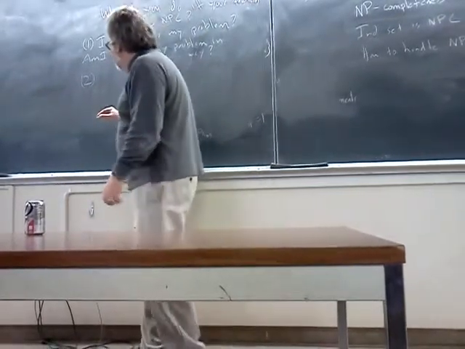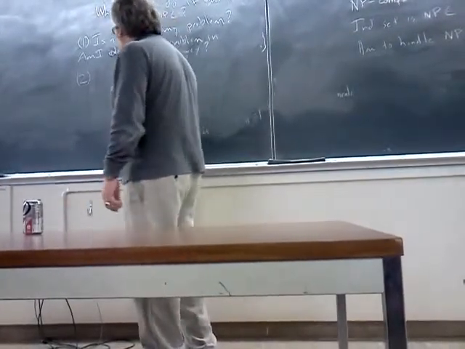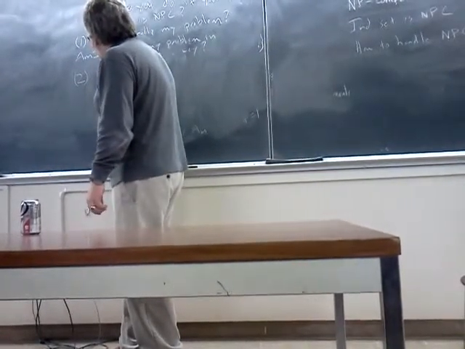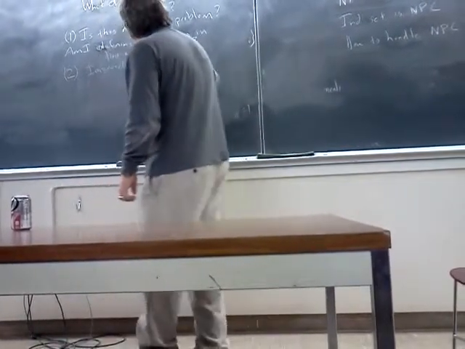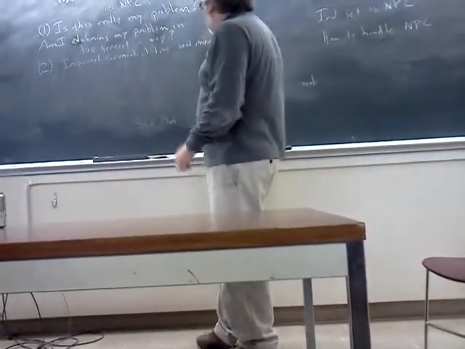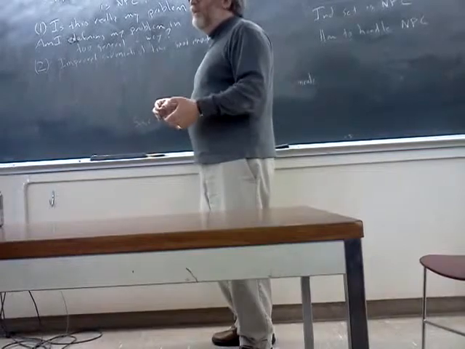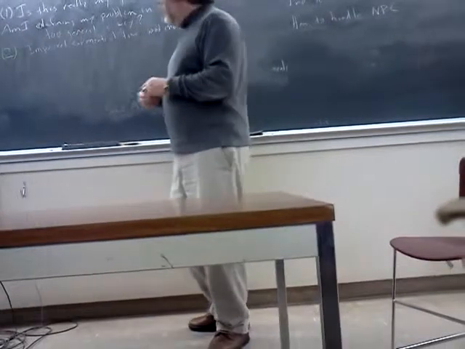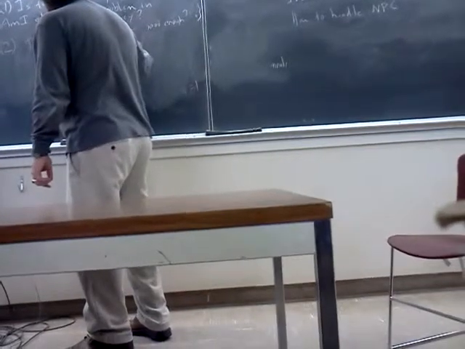A second kind of thing we can shoot for is, well, maybe we need exponential time, but can we get an improved exponential time? Maybe that's good enough, because my problem's not too big, and maybe if I can get a factor of 10 in the exponent, then I'll be okay. And for this, we learned at least one technique in this class, which is backtracking.